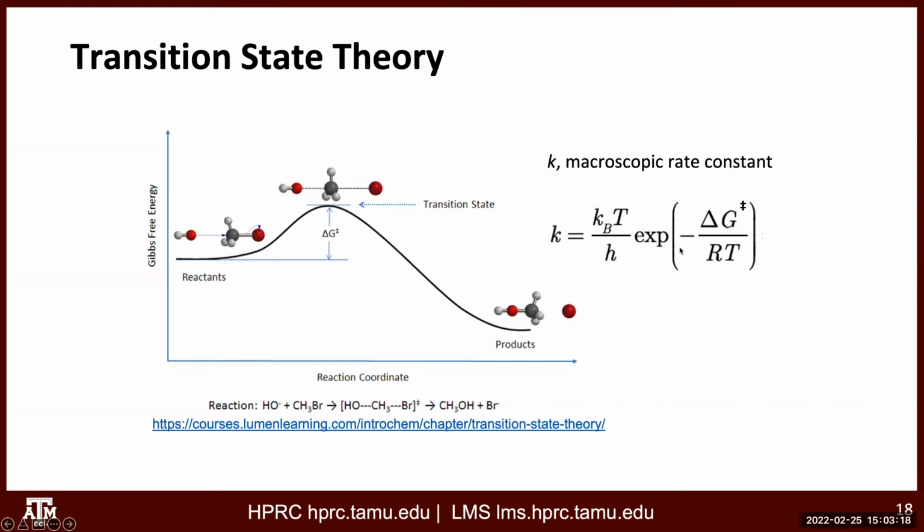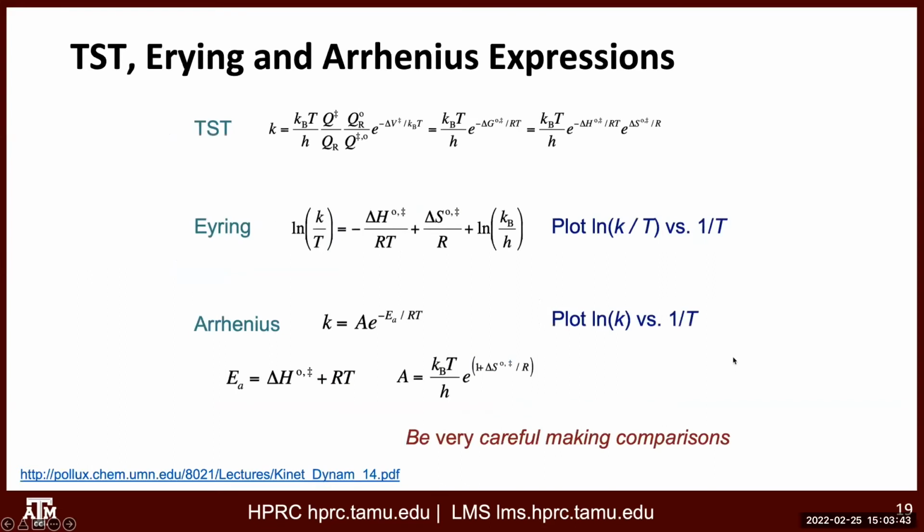All right, we talked about how, if we know the transition state and its corresponding energy, we can find the Gibbs free energy barrier. With transition state theory, we can then predict the rate constant from that.